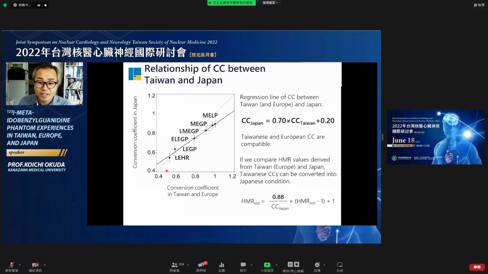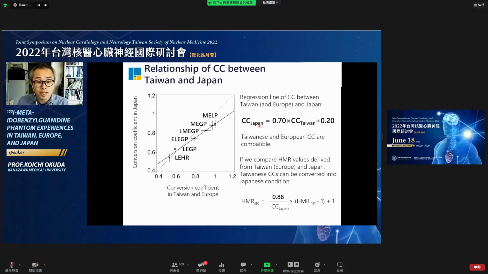So, we assessed the relationship of conversion coefficients between Taiwan and Japan. This is a scatter plot of conversion coefficients in 6 collimator groups. X-axis is conversion coefficient in Taiwan and Europe. Y-axis is in Japan. So we could get a regression line of conversion coefficients between Taiwan and Japan.